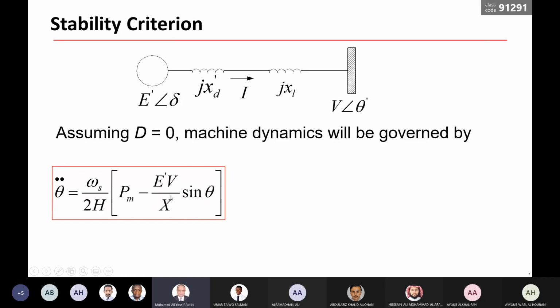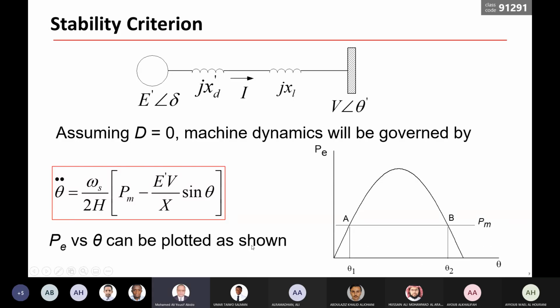E prime times V over X, the reactance in between E prime and V, and this theta is the phase shift between E prime and V. So this is the swing equation, and P_E versus theta can be plotted, as you know, by this sinusoidal shape. This is P_E, and this is theta.